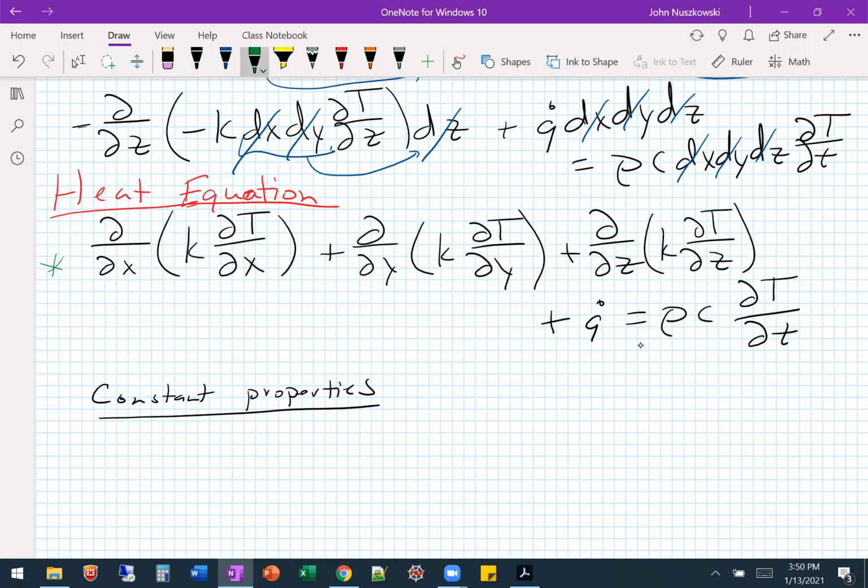What property is showing that it could change with a direction? Temperature? Not temperature. Thermal conductivity. Yeah. So that k, if it's going to be constant, we can pull that out. It's not changing as a function of x, y, or z.